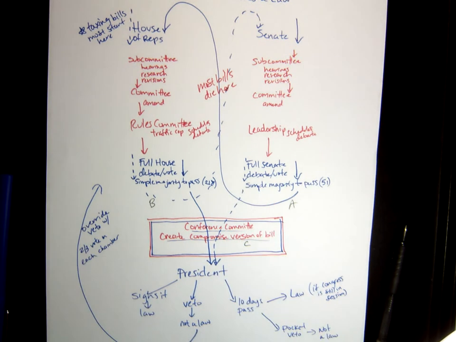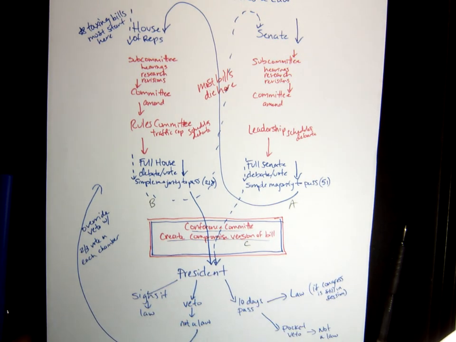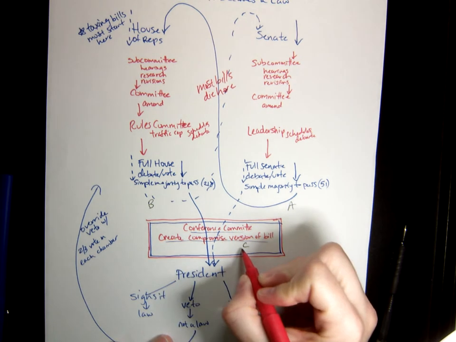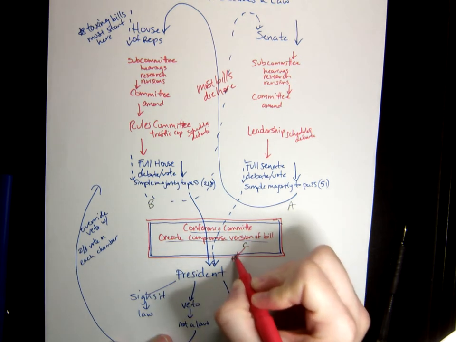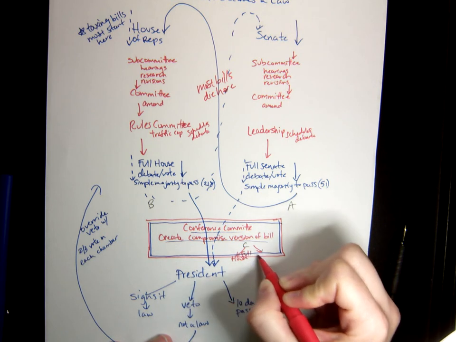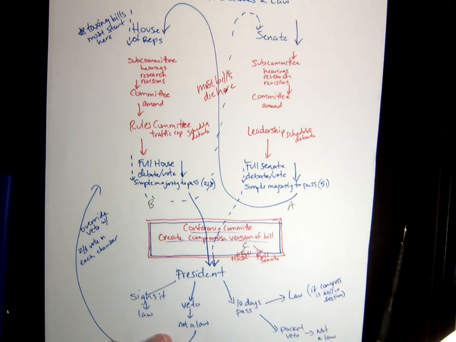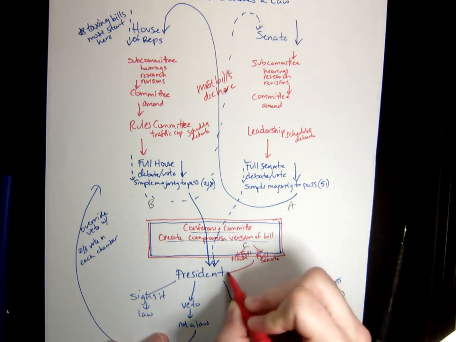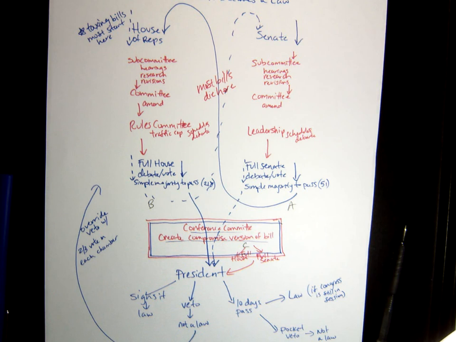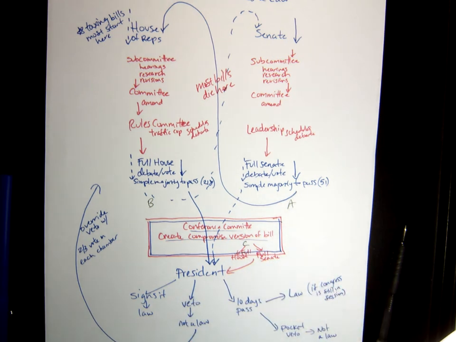So version C is chosen, and then it gets fast-tracked back through the full House, through the full Senate, and then it goes to the president. When it goes through this process, that happens simultaneously. But every other way, it goes through one chamber at a time.